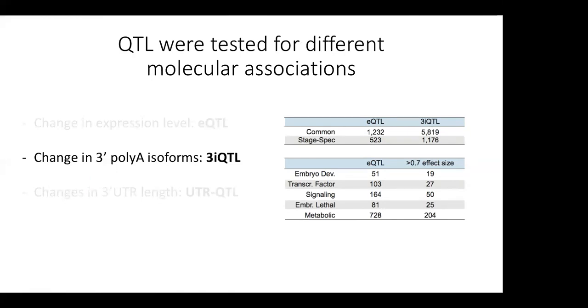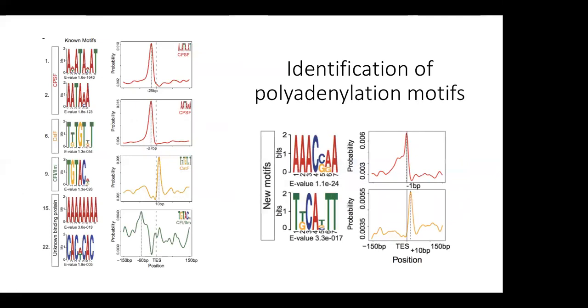But since we have single nucleotide resolution of the transcription end site, what we wanted to do is to look at the motifs that are around this transcription end site. And not surprisingly, what we detect is a motif for polyadenylation, the classical PAS motif, AATAAA, but we also call motifs that are upstream and downstream of the canonical motif, in particular these two.